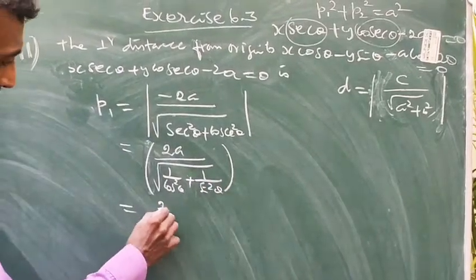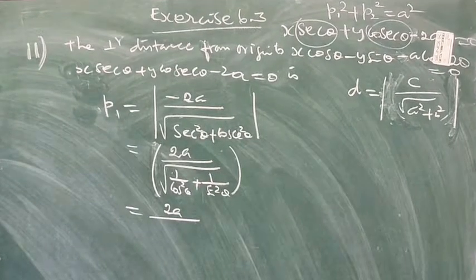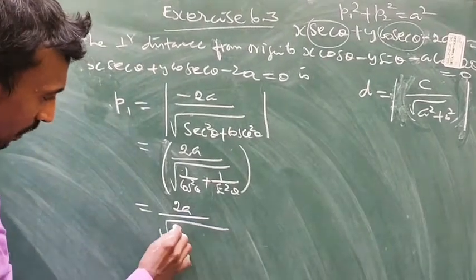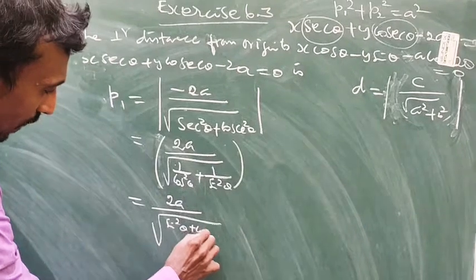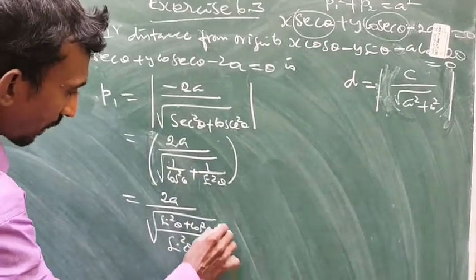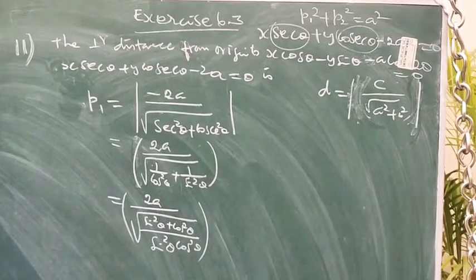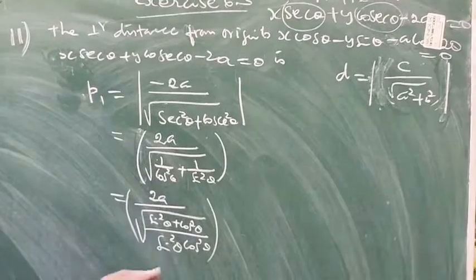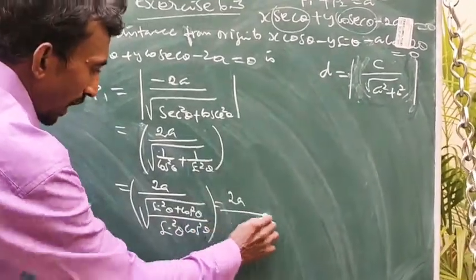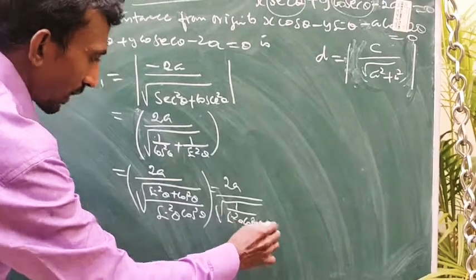We take the LCM, we are getting sin square plus cos square by sin square theta cos square theta. So the numerator becomes 1. So 2a by root of 1 by sin square theta cos square theta.